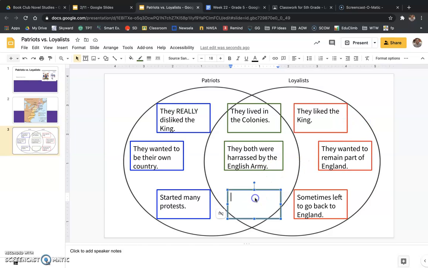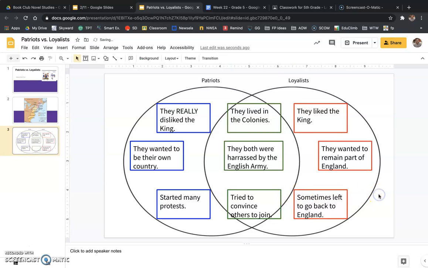Okay? And then the last one. Both groups tried to convince other people to join their side. Okay, so say that I'm a patriot.